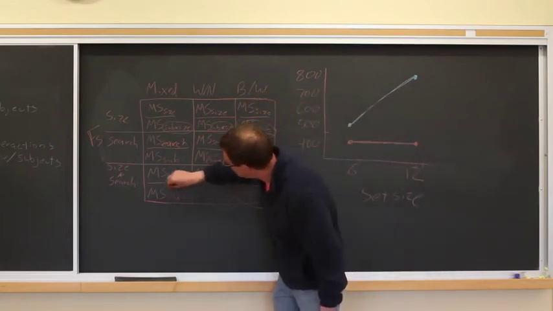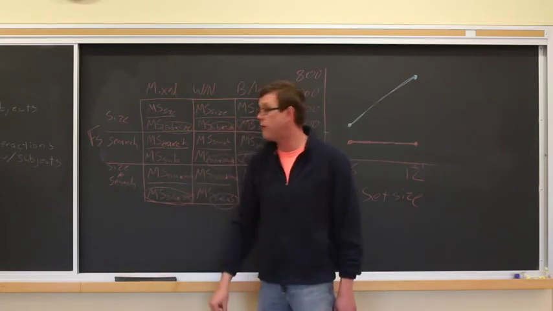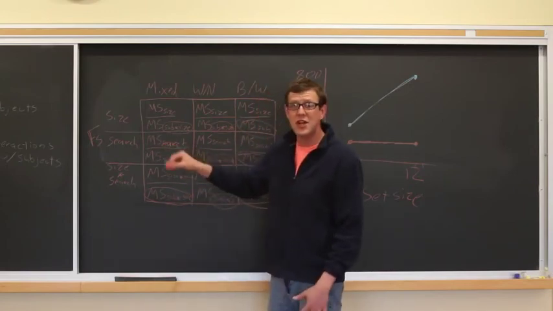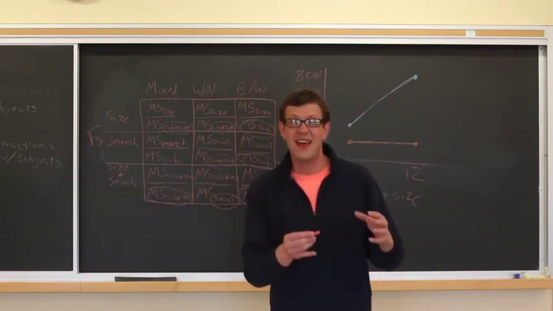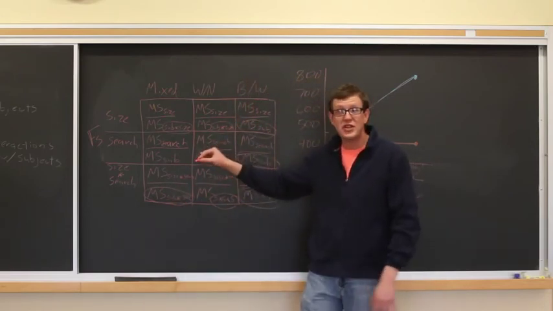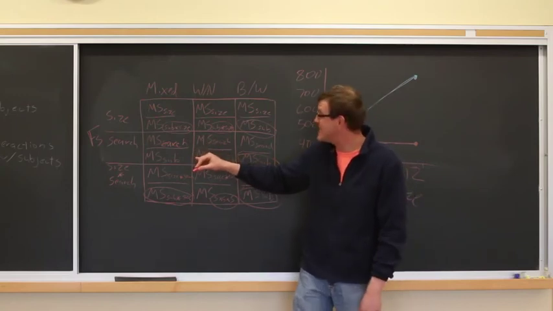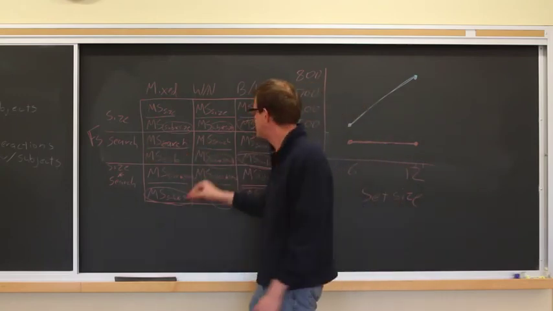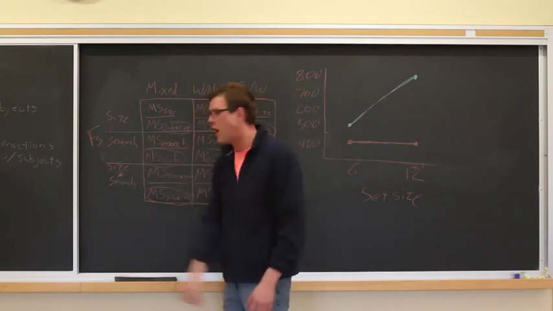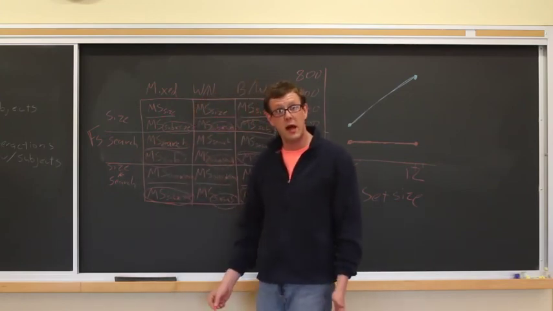So again, we can use that subject by size interaction. However, for the search, it doesn't vary within subjects, so we can't use that subject by search interaction because we can't tease that piece apart from the rest of the variance that's related to subjects. So we just use that other component for the denominator there.